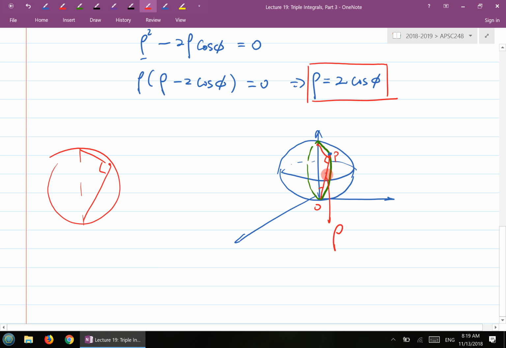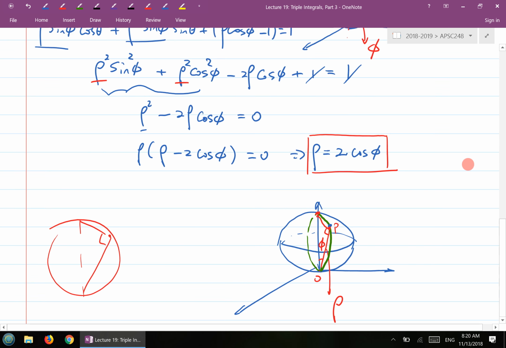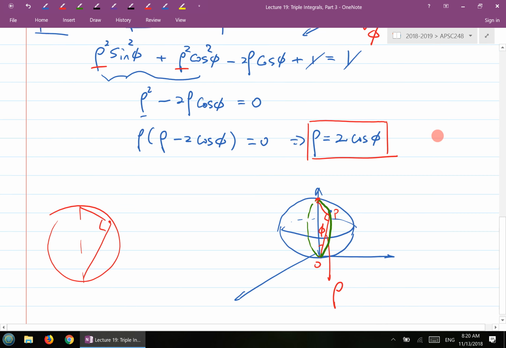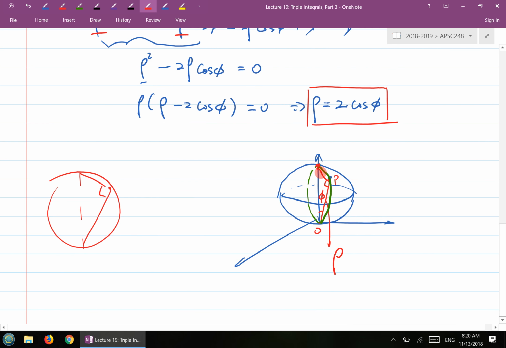Yeah. So now, in this right triangle, I know this is rho here, and this angle is phi here, right? And from the bottom to the top vertex, what's the distance from here to here? 2, right? This is a sphere with a radius of 1, so the diameter is 2.